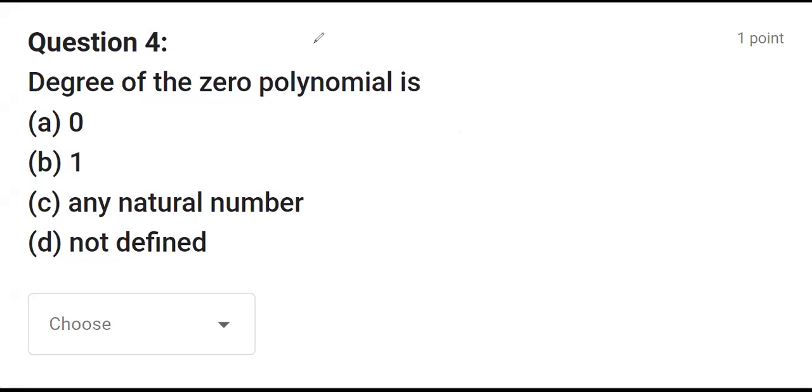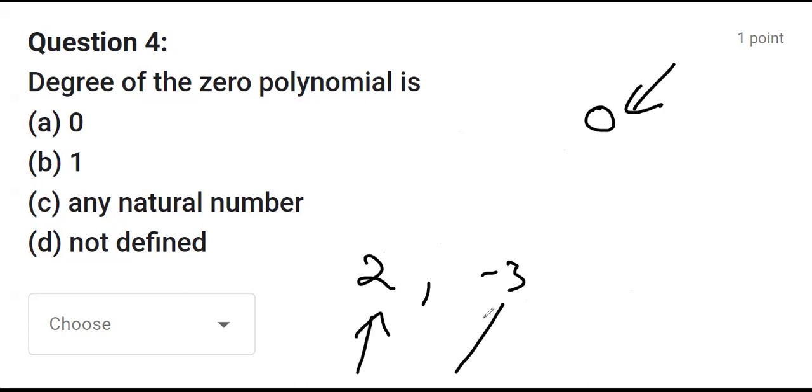Next we have to find the degree of the 0 polynomial. 0 is called a 0 polynomial. Now let's first understand: when I write 2, which is a constant polynomial, say minus 3 is a constant polynomial, and 0 is a 0 polynomial. For a constant polynomial, say this, or maybe minus half, these are constant polynomials.